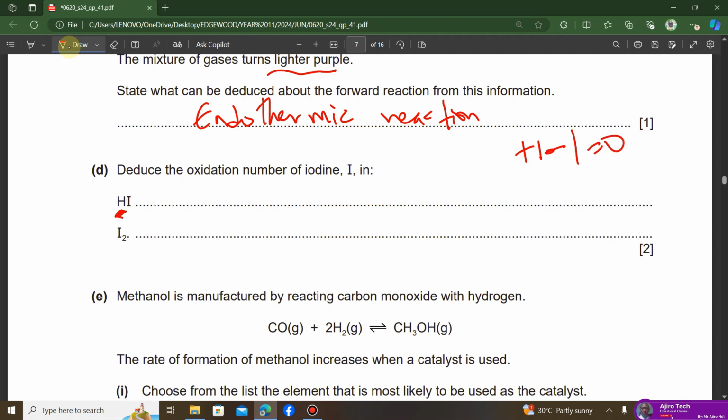So that makes iodine -1. Now, the next one: one of the rules when calculating oxidation number is that the oxidation number of an element in an uncombined state is 0. Iodine, in this case, is in an uncombined state, so it's 0.